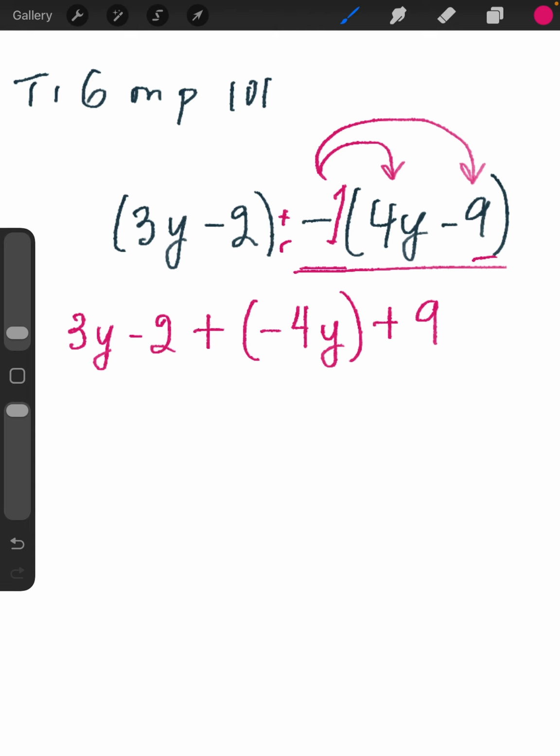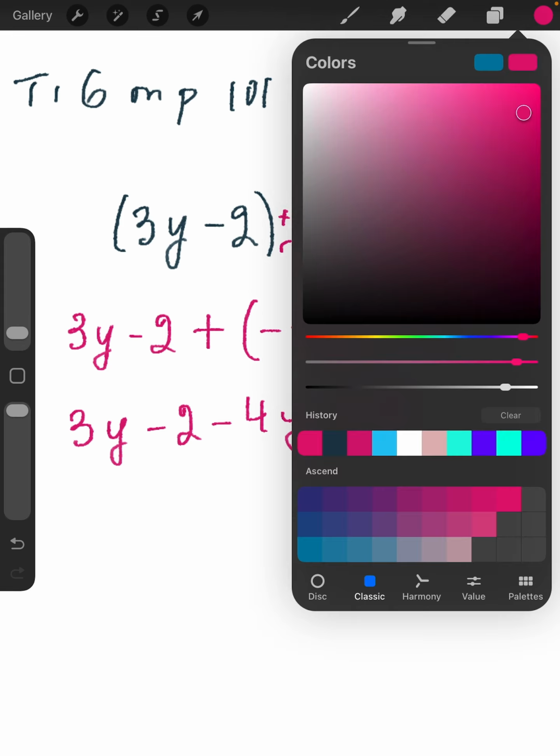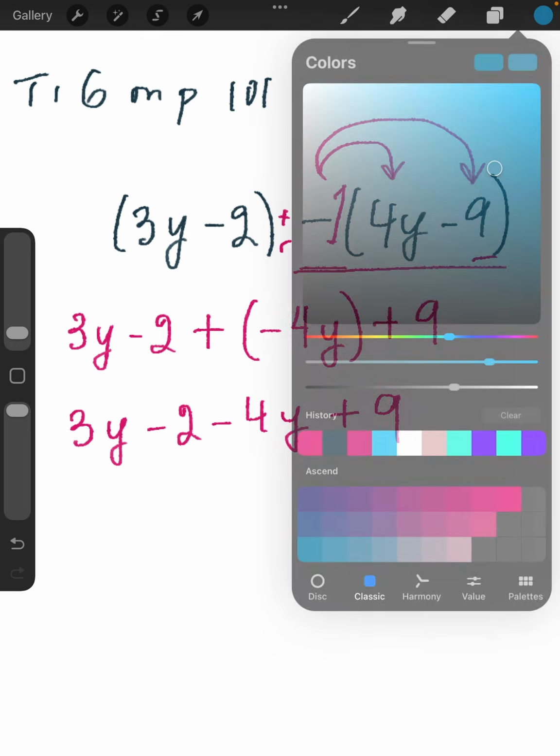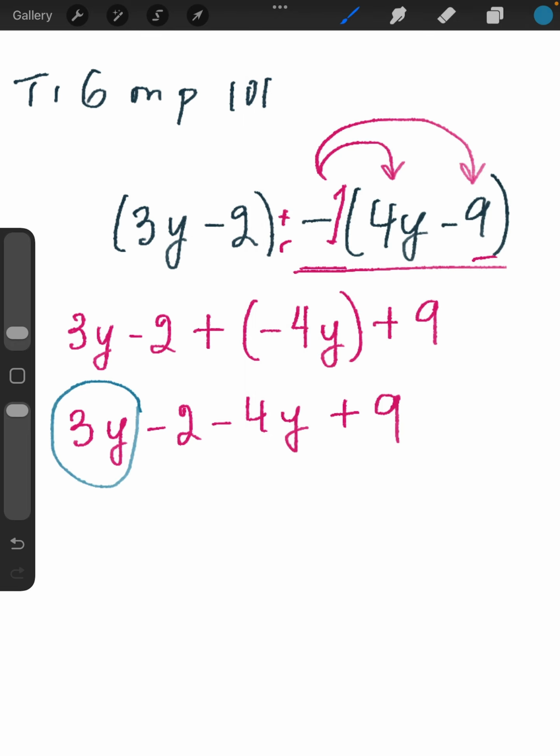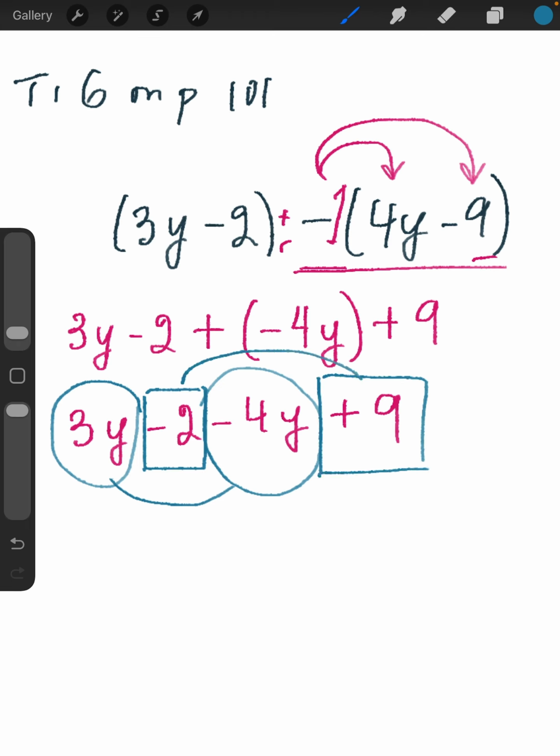So the only thing that we can do here further is, oh, no, I'm wrong. We will open the parentheses for 4y, right? And then just like in the last section's examples, we are going to put like terms together. So we've got 3y, negative 4y, right? We'll put those together. And then we've got negative 2 and a positive 9, and we'll put those together as well.